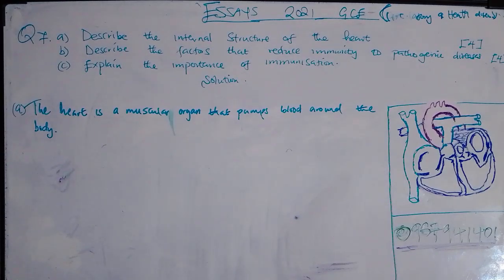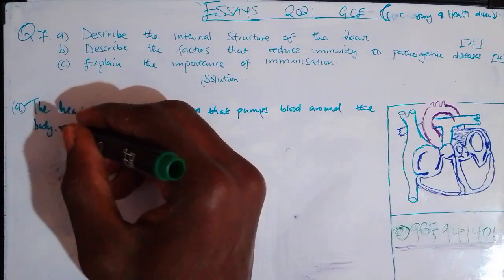Remember, I told you that whenever you are starting every essay, the first thing you should write is the definition. Define what you have been asked. So I've said the heart is a muscular organ, and its function is to pump blood around the body. Now I start describing.